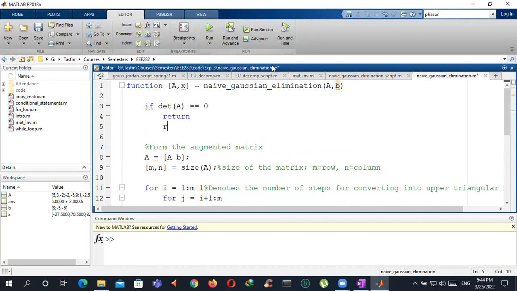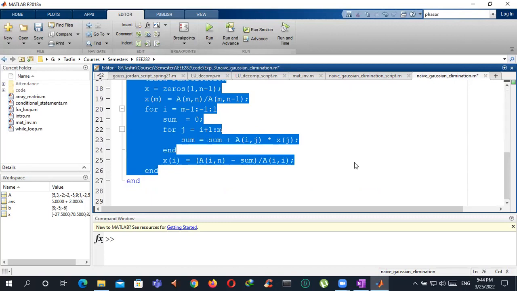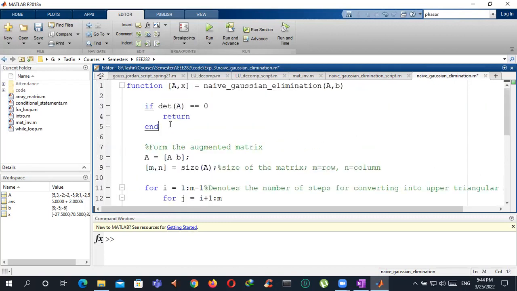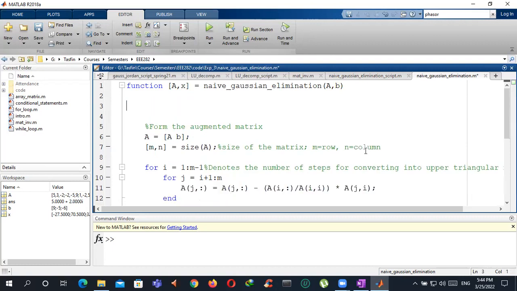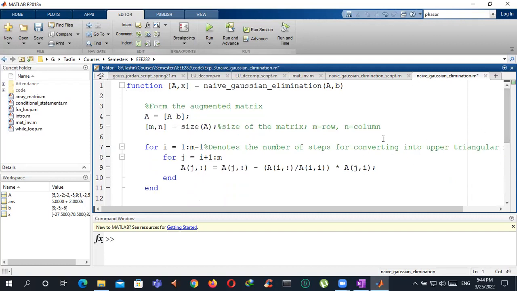By the way, I should put an end here. So if the determinant becomes 0, just return from this function without doing the Gaussian elimination and so on. You can do this type of thing for the singularity check, or you can write your own code. Just think about how you can make the modifications for the singularity check.